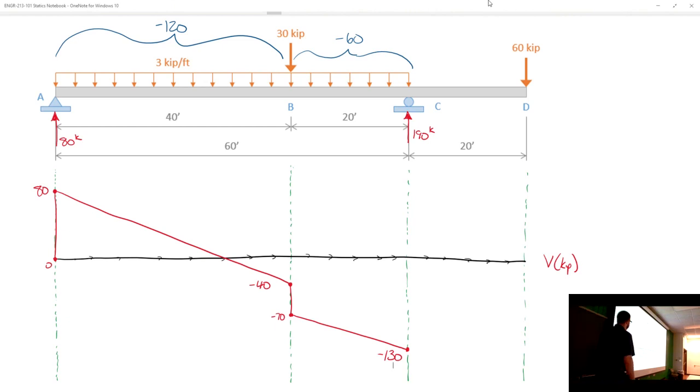Now what happens? Ooh, big jump up, right? So if I'm at negative 130 and I jump up 190, what's that put me at? Puts me at 60.